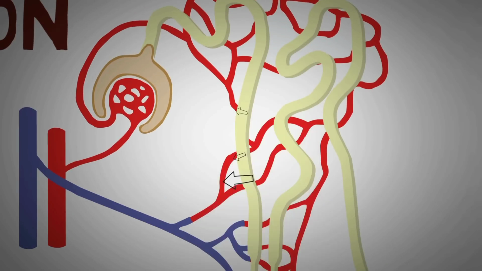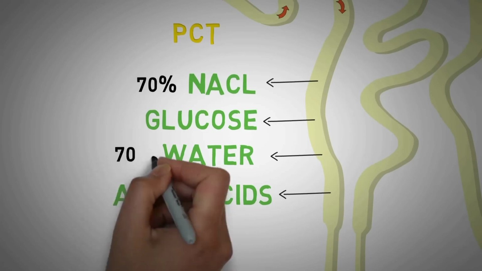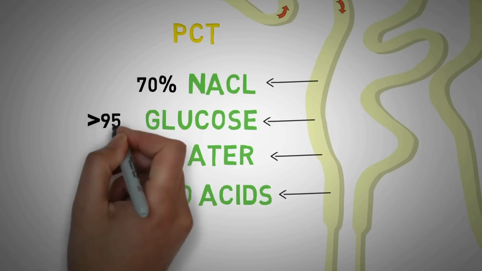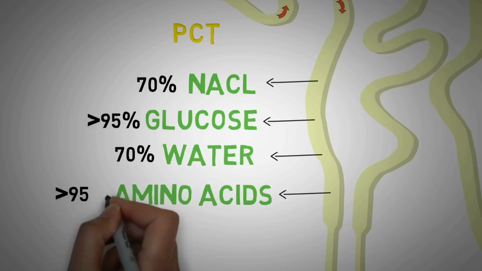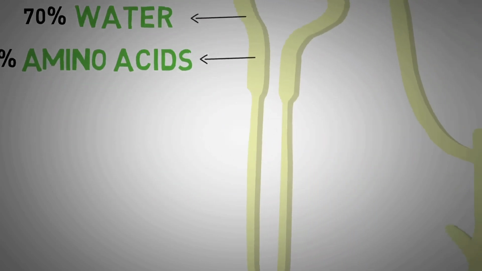The wall of the renal tubule has many types of protein channels that reabsorb some of the important things that shouldn't be excreted with urine. Now about 70% of sodium chloride gets reabsorbed in the proximal convoluted tubule, and the same 70% of water gets reabsorbed here. And more than 95% of glucose and amino acids get reabsorbed in the proximal convoluted tubule.